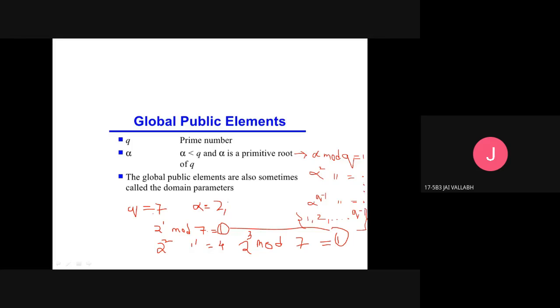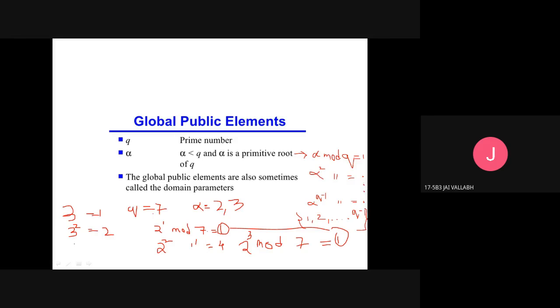So we'll be checking for 3. 3 mod 7 is 1. 3 square mod 7 is 2.